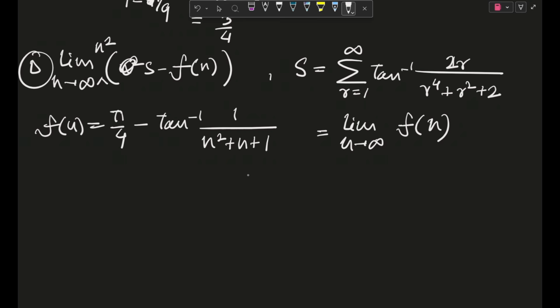I hope this is very simple to solve. We evaluate limit n tends to infinity, and it is s minus f of n, right? If you tend this complete expression to infinity, then you will see n square plus n plus 1, all the terms are present in the denominator.